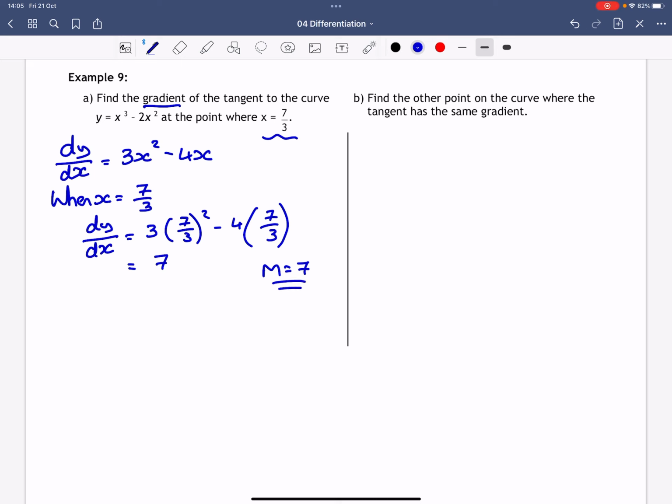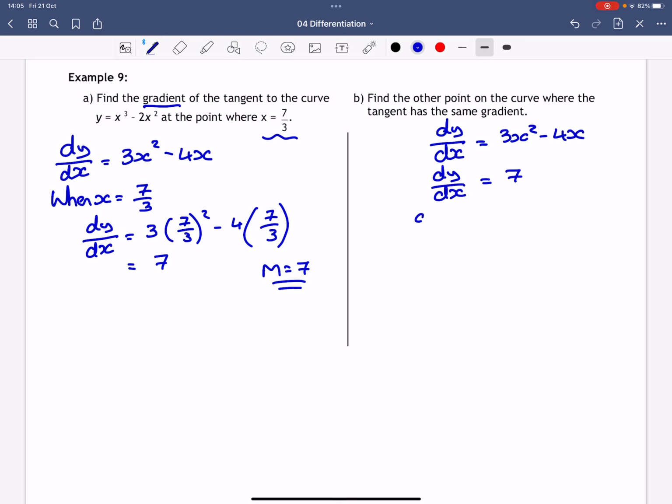Okay. Part B, it says find the other point on the curve when the tangent has the same gradient. So I know that the gradient is dy by dx is equal to 3x squared minus 4x. I also know that the gradient is dy by dx, which is 7.